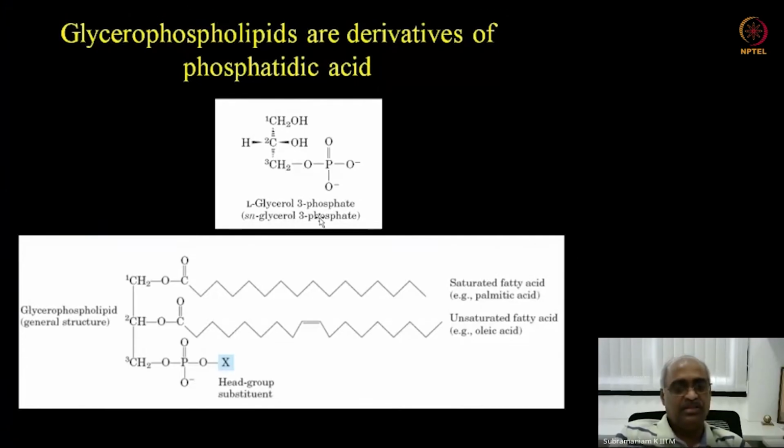Okay. So these two can have ester linkage with fatty acids. See here, one shown with a double bond. And this phosphate group can be further derivatized with polar groups, and that is the head substituent. This basic one where it is just the phosphoric acid is called phosphatidic acid.